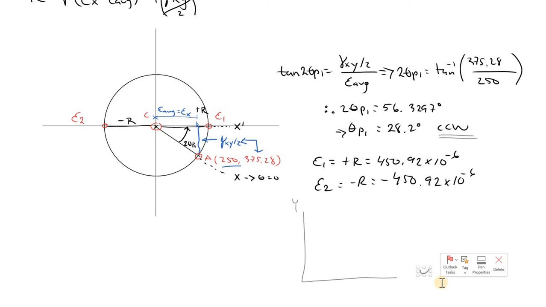It's rotated counterclockwise, so our x is rotated this way at an angle of 28.2 degrees. When we're talking about the angle, we're talking about this angle here. Our y-plane is always 90 degrees from the x. So transformed y-plane, transformed x-plane.